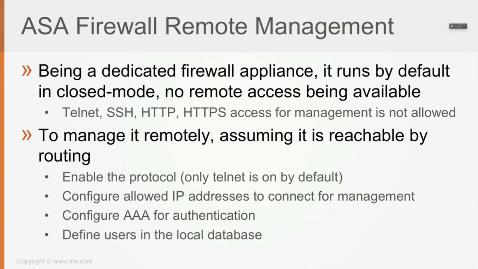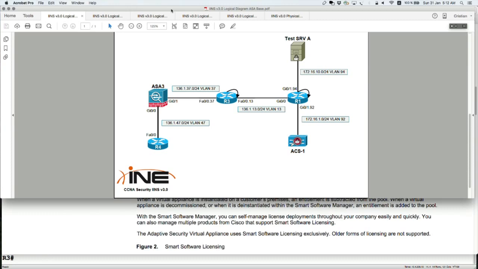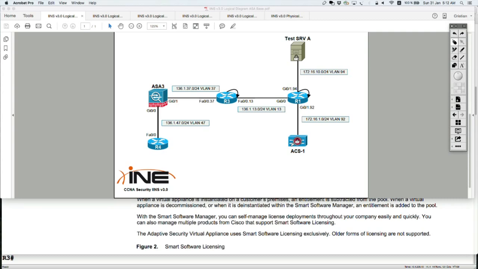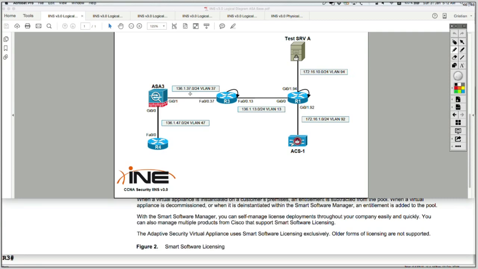Before we go any further, let's configure the basics and also allow for management. Let's go on the ASA and configure IP addresses in those two subnets, in VLAN 37 and VLAN 47.